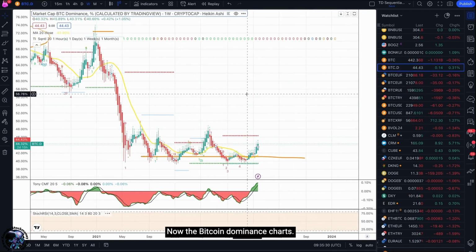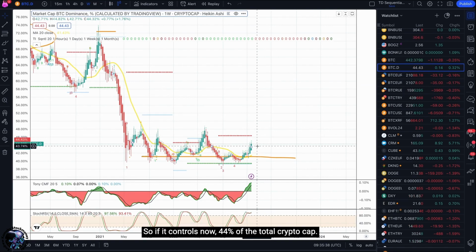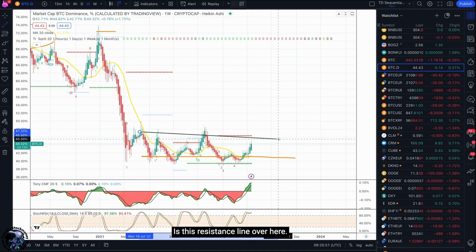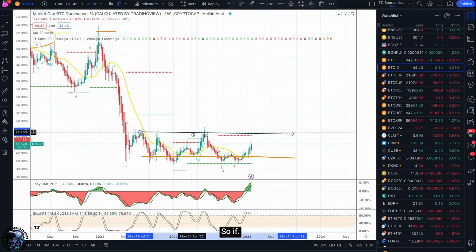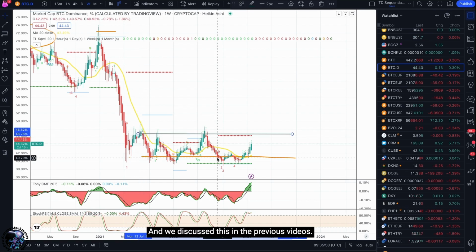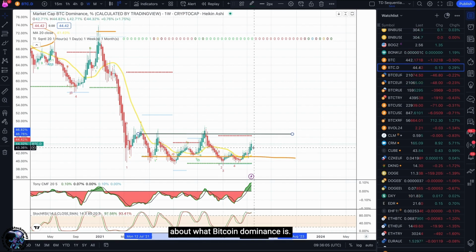Now the Bitcoin dominance chart, arguably you can say that if BTC increases versus altcoins, so if it controls now 44% of the total crypto market cap, that's quite high. And its line in the sand is this resistance line over here. So if the Bitcoin dominance chart, and we discussed this in the previous videos, so I suggest that you have a look at those videos because we go into detail about what Bitcoin dominance is.